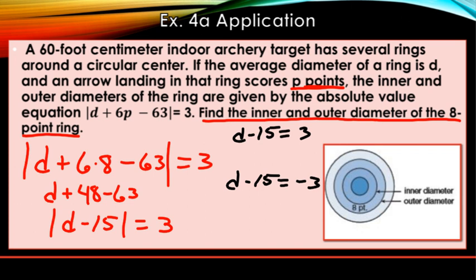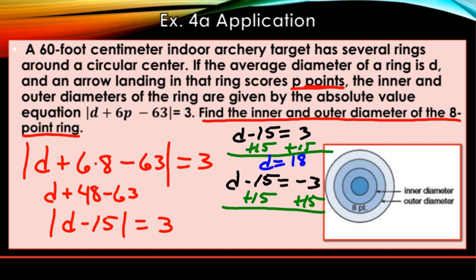To get d by itself, I add 15 to both sides. Do that for both. So now I have d equaling 18 and d equaling 12. These would be my inner and outer ring diameters.